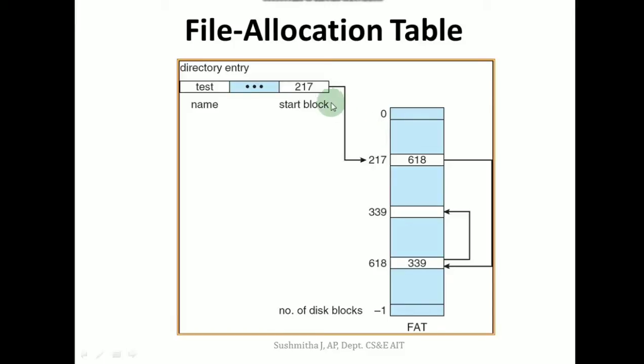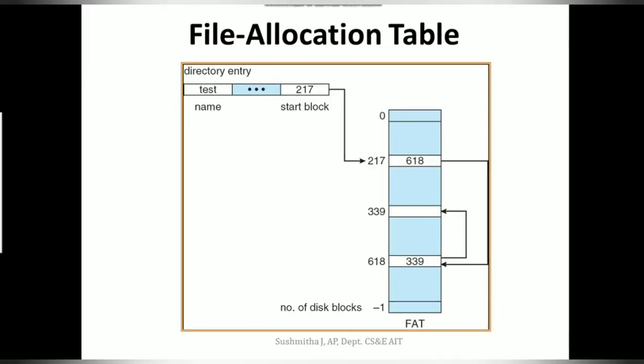You can see an example here. We have the starting block that is 217. Now when I go to 217, that will direct me to 618, and when I go to 618, it directs me to 339. So this is a small glimpse.